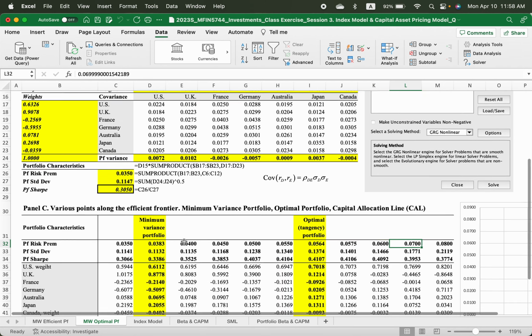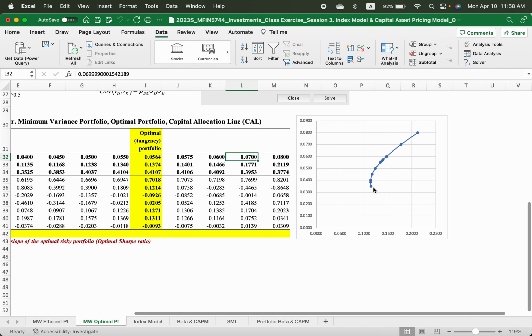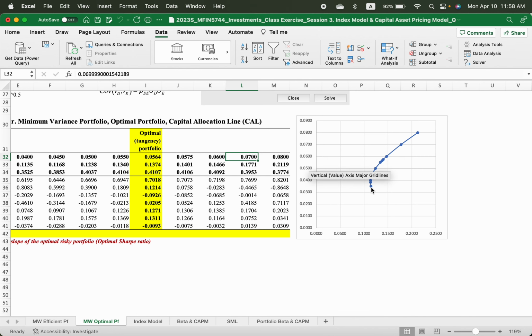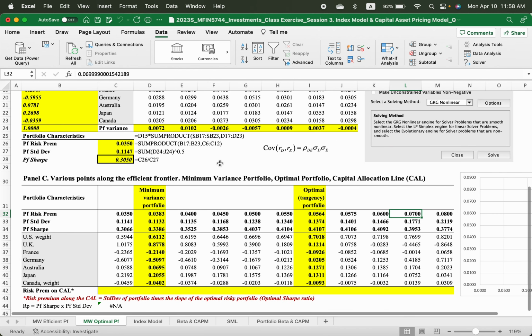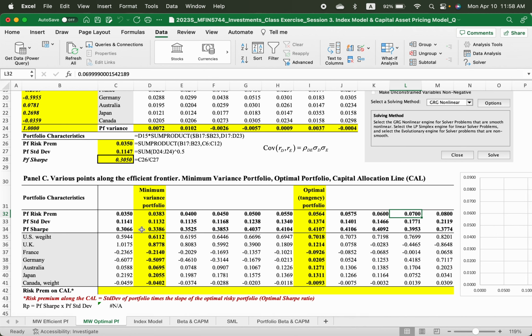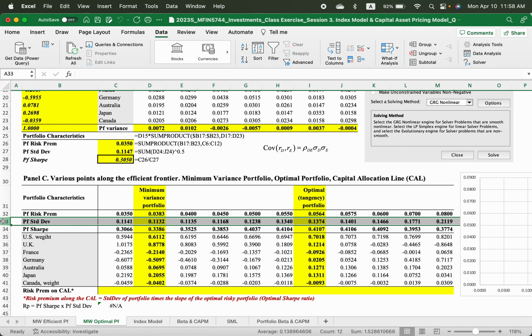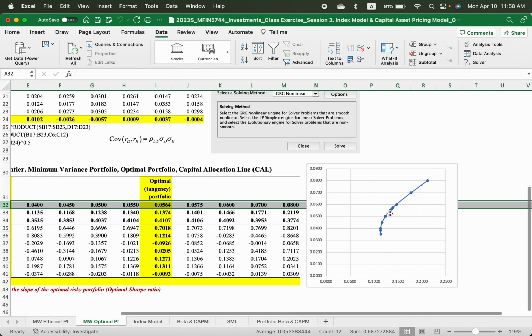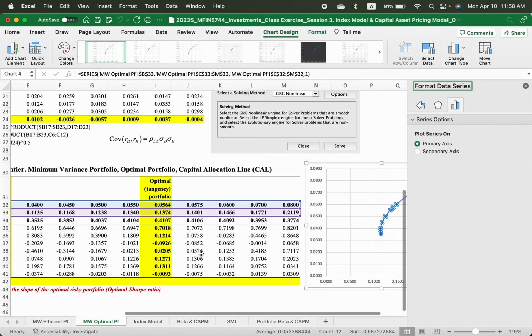But again, what we found here is that at this point, the minimum case, the standard deviation of 11 is the minimum. As you can see here, the standard deviation of the portfolio, 11.32%, is the minimum. Under this, we found the portfolio Sharpe ratio and risk premium. And the combination of risk premium and standard deviation is this line, which is the efficient frontier line.